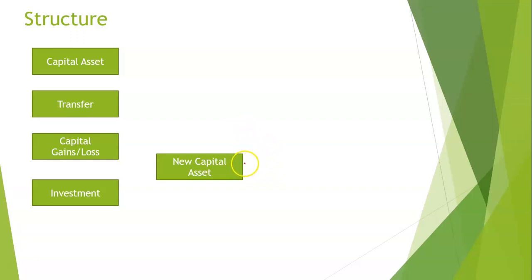This shall be a new replacement asset. Say the asset we are talking about is a house property. The assessee transfers it, gets capital gain, and out of that capital gain decides to make an investment in a new house property. So replacing the old asset is one form of investment.